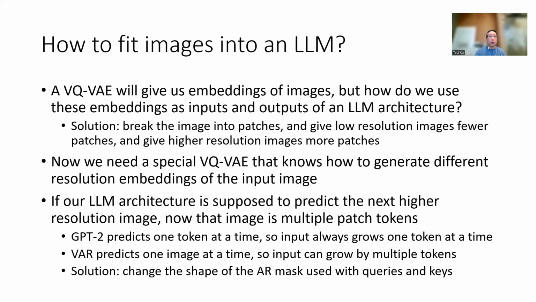What I'm saying though is that our different resolutions, how we will represent them as data, is that the lowest resolution is going to get one single vector, which will be represented by our VQ-VAE single codebook number.